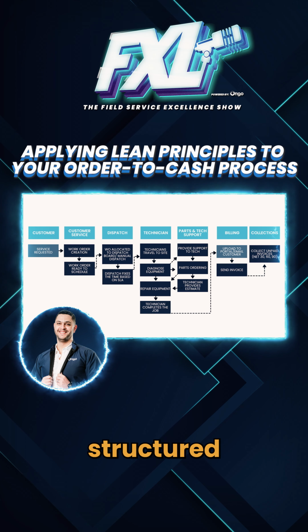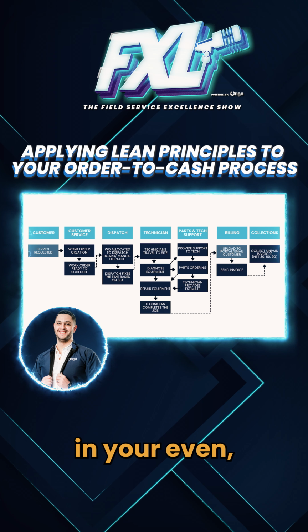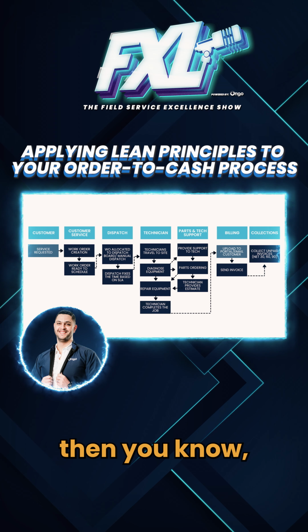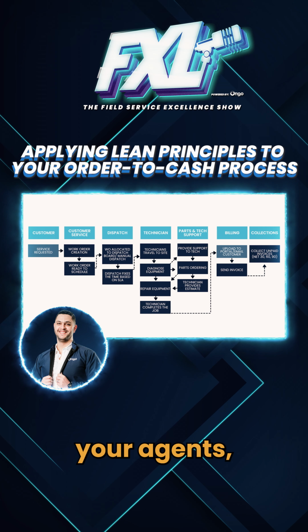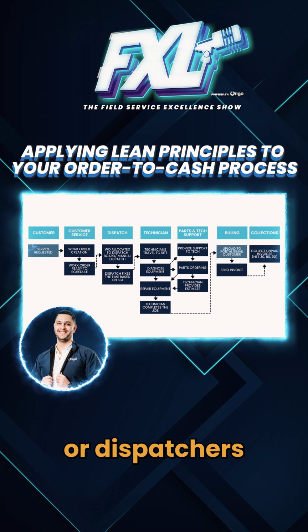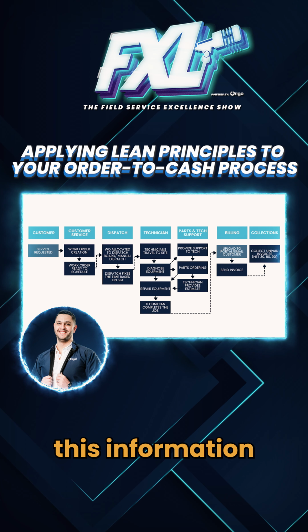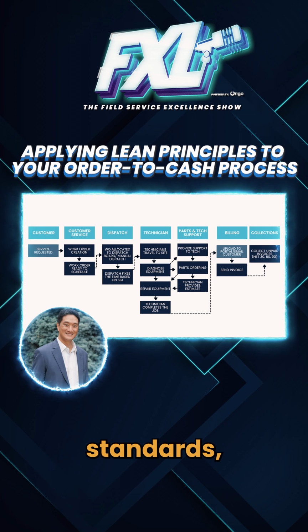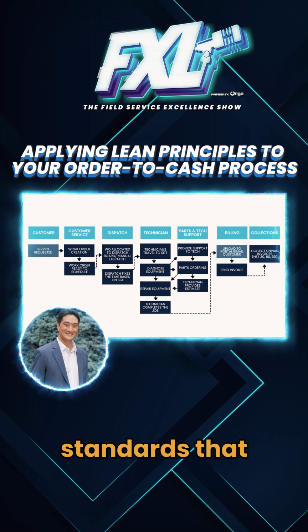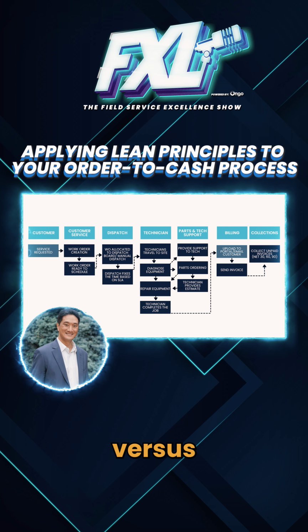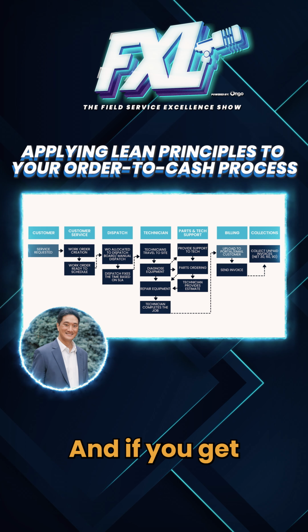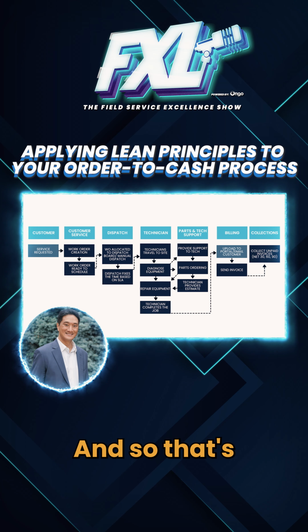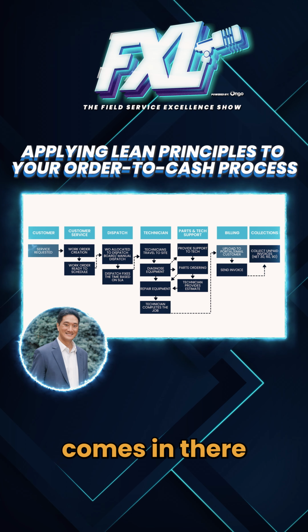And it's not structured, and it's not in your ERP, if there is no place to add it, and you haven't trained your customer service agents or dispatchers to properly document this information, it can get lost very, very easily. And to create standards, right, excellent standards that everyone can apply, versus just trying to get the right people. And if you get the best people, they're going to do it. Yes. But that's that process piece. And so that's where operational excellence and lean comes in there.